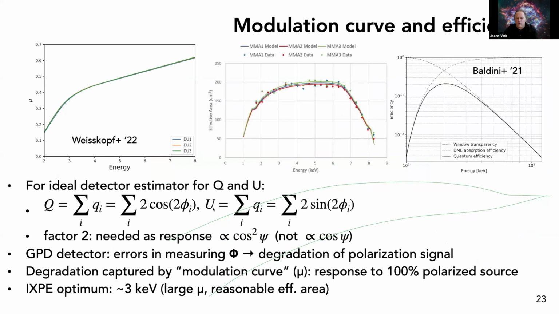You calculate it like this, and then you divide by this mu in order to go to the true polarization. Now, the summation here, you know statistically exactly what is happening, right? That's just Poisson noise. And so if you multiply it by 1 over mu, then you also multiply your error. So we know exactly the error.